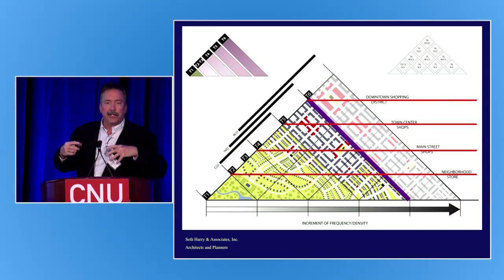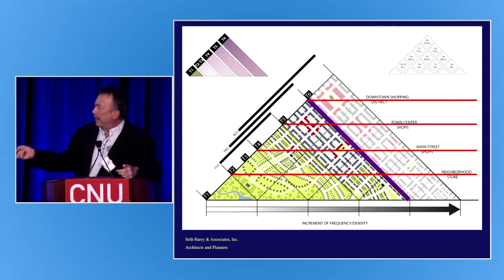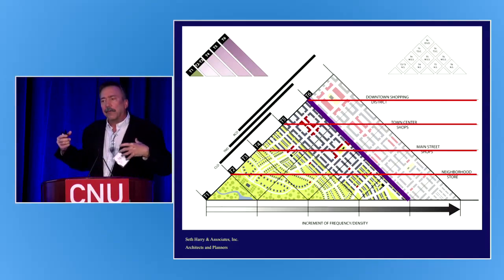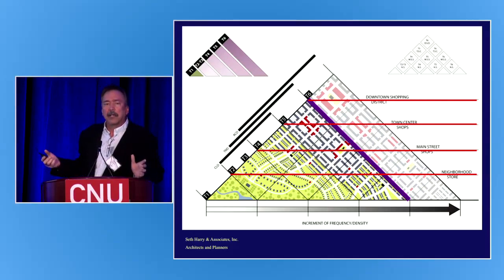They're just there in levels of greater frequency. So what would have been the country store out here in the hamlet basically becomes the corner store in a walkable downtown. So this is really the larger market context and competitive context that you will be operating in.